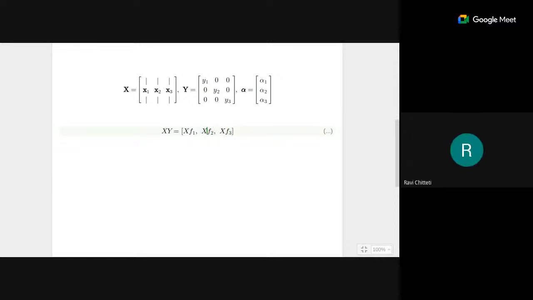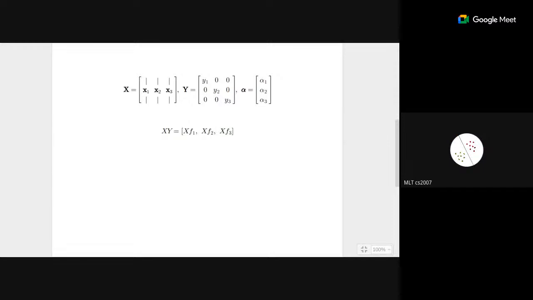Okay. Can I ask a question here before we go further? X1 constitutes F1, F2, F3, right? No, not F1, F2, F3, but F1, F2, so on till Fd, right? Assuming there are d features. Okay, understood. So the first feature of X1 into Y1 is what we are representing by XY for alpha 1.